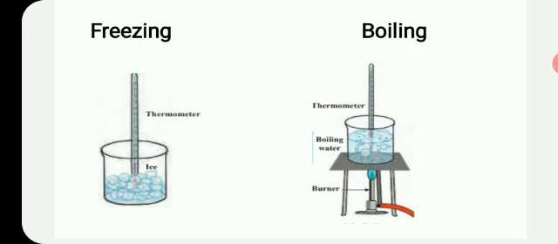At a certain temperature, you will find that the temperature is falling down, but at a certain temperature, water does not get any cooler but starts freezing and forms ice. When you are keeping that water in a refrigerator, it becomes cool, then it forms ice. The temperature at which this happens is called the freezing point.